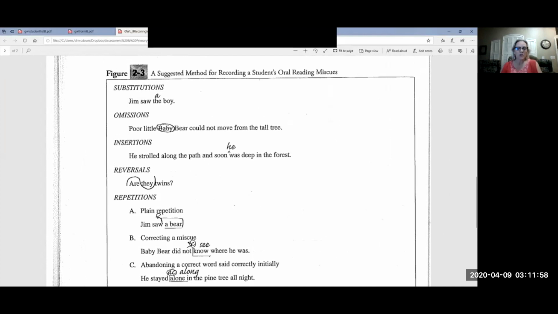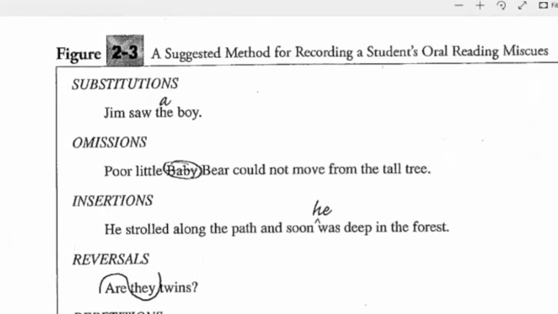So before we look at the story and watch the video, I want to go over some of the markings that are used when you're doing informal reading inventories. There's specific markings for the different types of what we call miscues, which is another name for errors. When a child comes to a word they don't know, sometimes they'll make an attempt at the word, and sometimes the attempt they make is inaccurate.